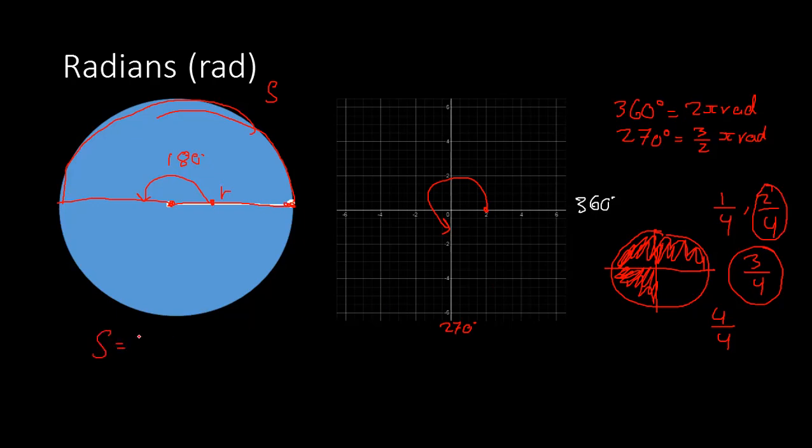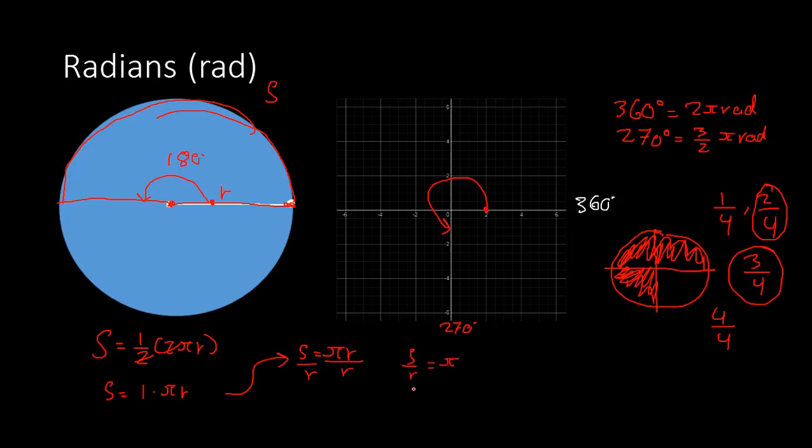So we have s is equal to one half of the circumference, which is 2 pi times r. Cancel the 2's, and we have s is equal to pi times r. Now divide both sides by r, and we have s over r is equal to pi.